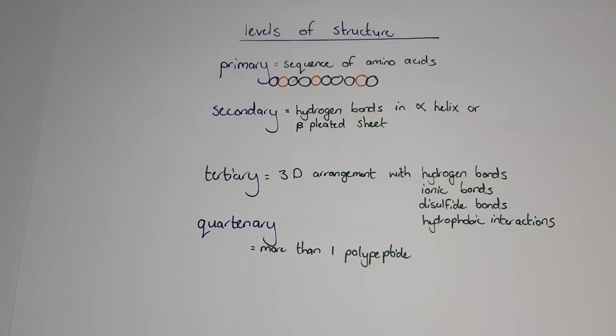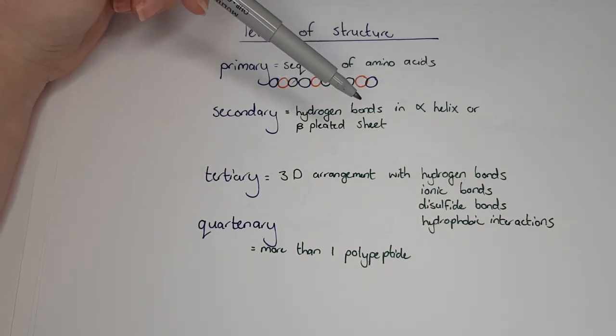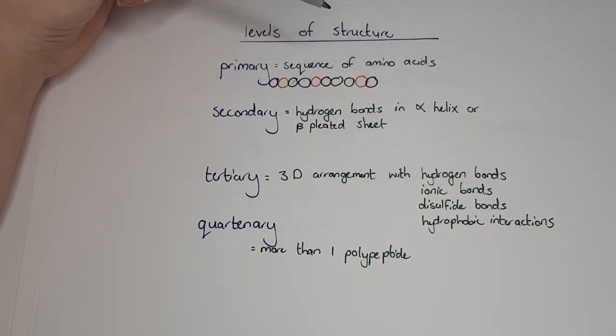all with peptide bonds. Once we have the primary structure with the sequence, we then get a secondary structure. In a secondary structure, we create hydrogen bonds. A hydrogen bond forms between the amine groups and the carboxylic acid groups on all these amino acids, and it starts to arrange itself in a helical shape.